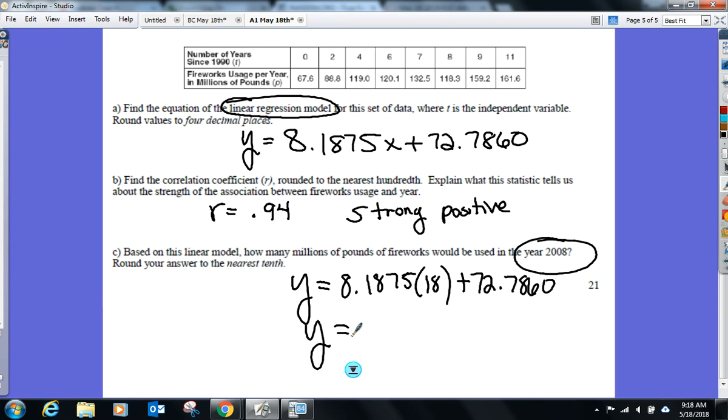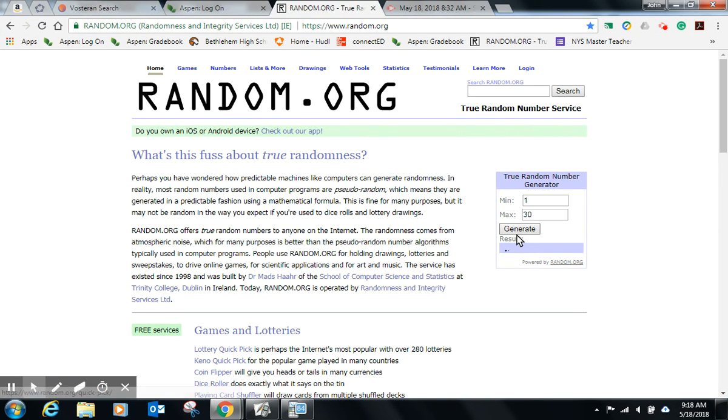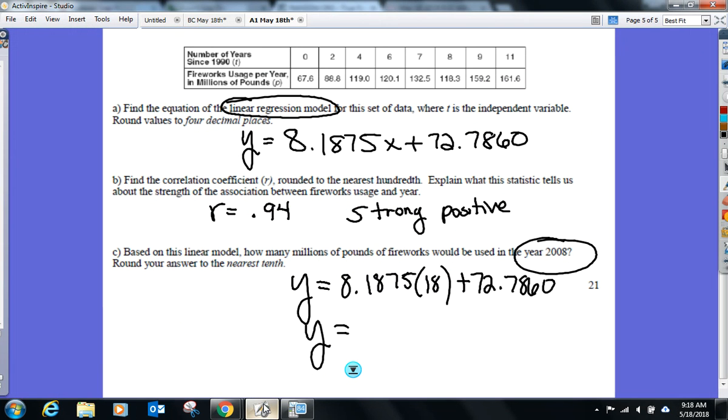So how many pounds of fireworks in 2008? 26? We have a 26? Oh, all right, whenever you're ready. So nearest 10th, though, nearest 10th?